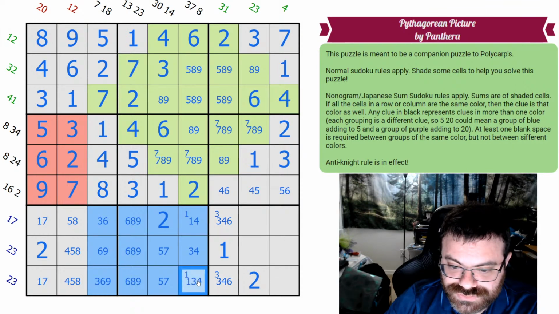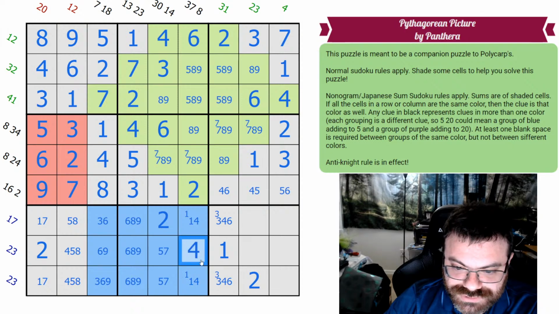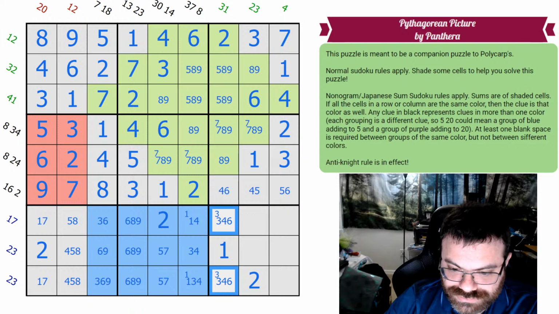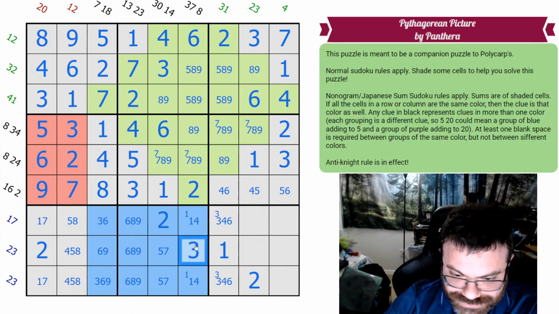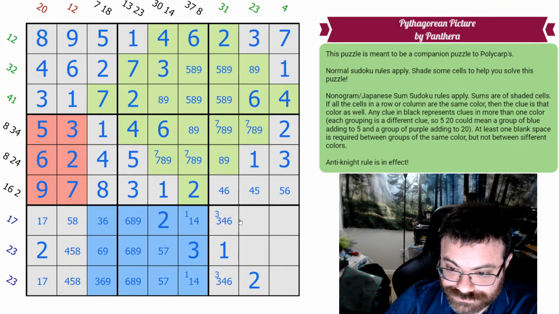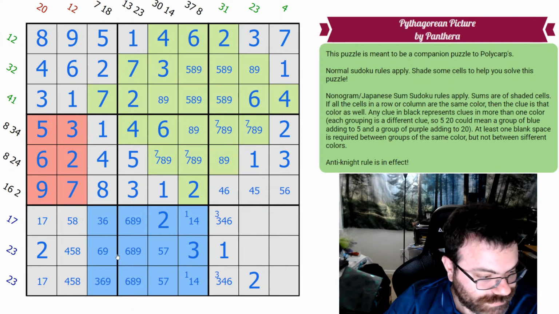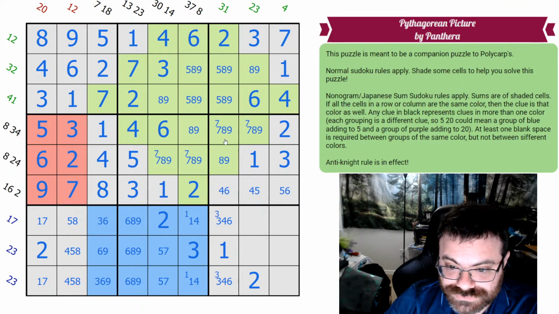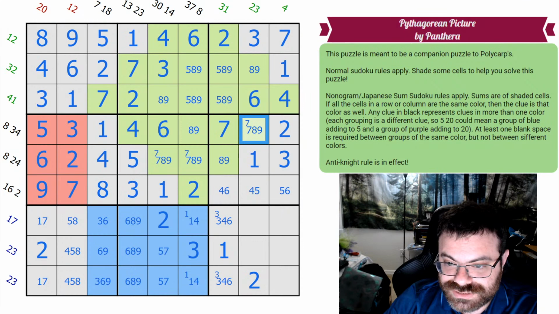3's in one of these two. So this one's not a 3, so this is 4. Wait. It's 3. What am I doing? 5, 8, 9 triple does place the 7, you're right.